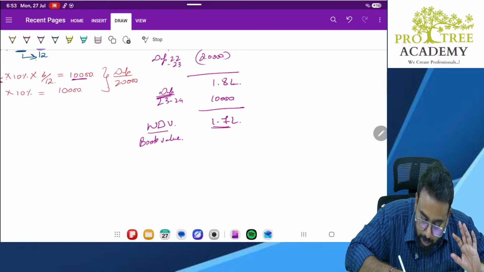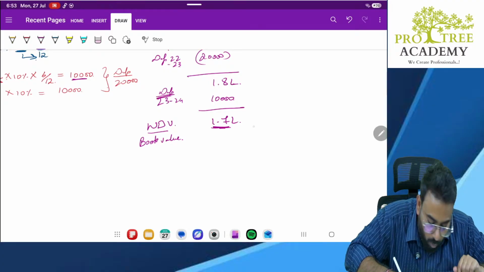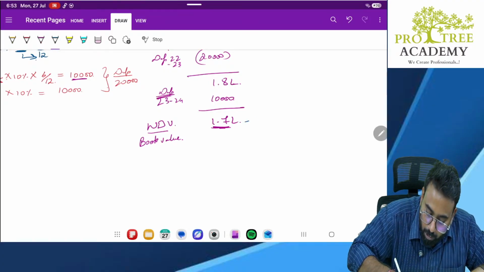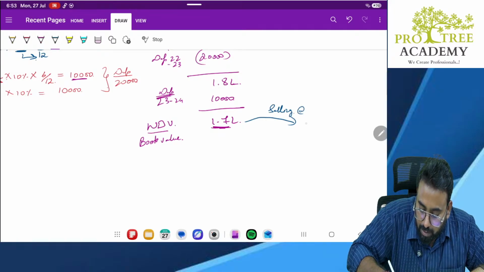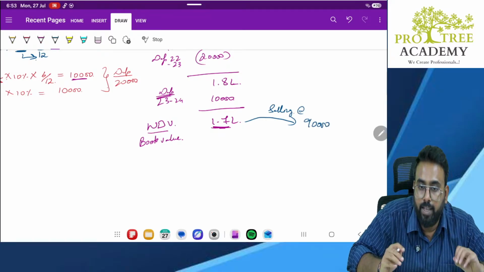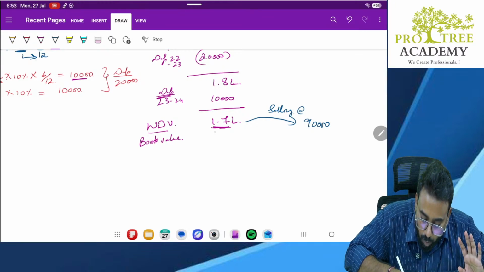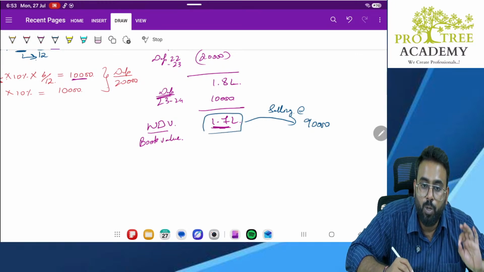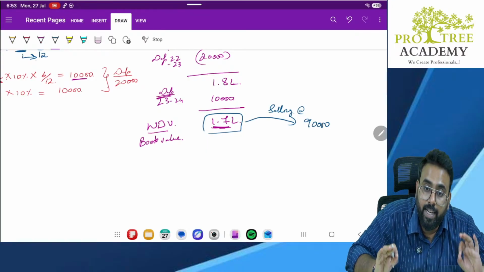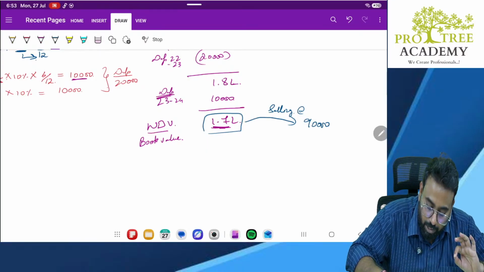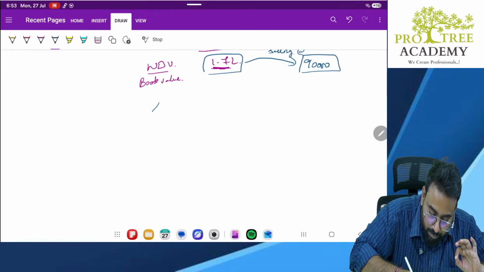Now book value is 1.7 lakh, but you are selling the machinery at 90,000 only. That means what is the worth of the machinery in your books? 1.7 lakh. But for how much you are selling? 90,000 only. That means are you not making loss?